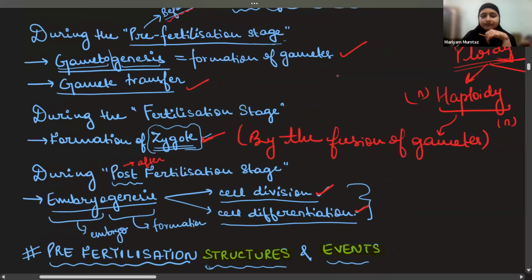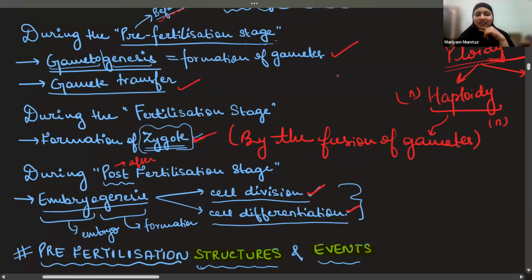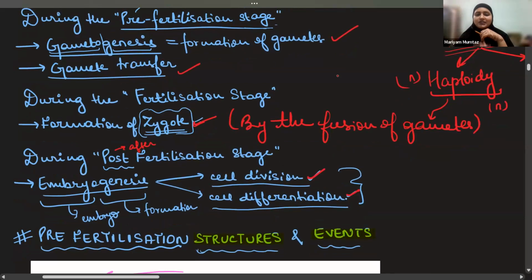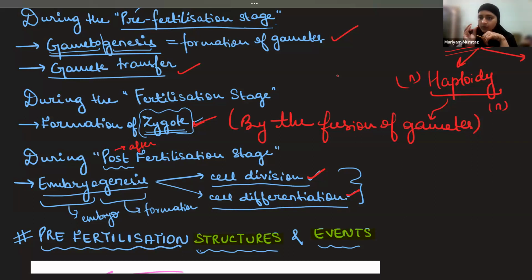Okay, all right. So that is the fertilization stage. Then comes the post-fertilization stage. During the post-fertilization stage, all the events that happen after fertilization has been done take place, meaning the zygote will turn into an embryo.